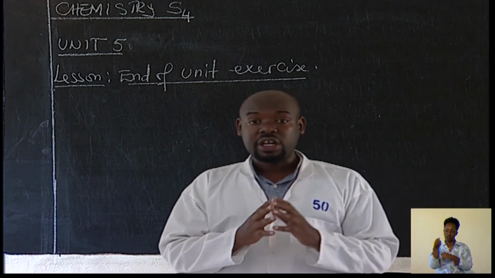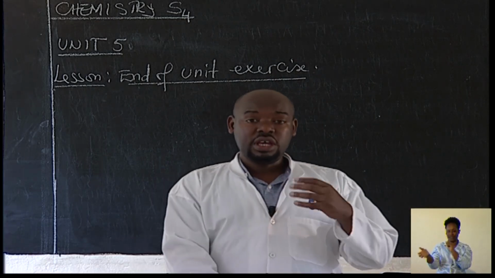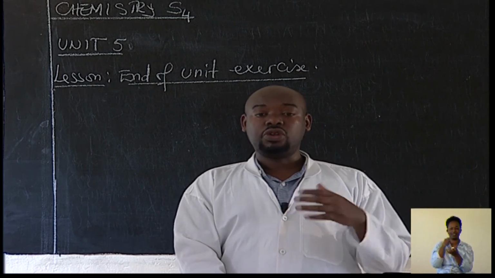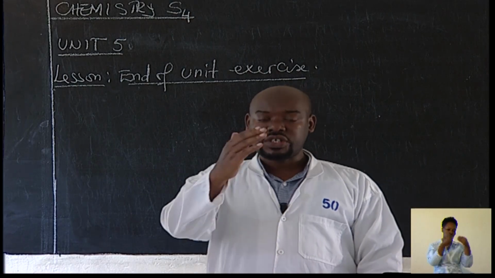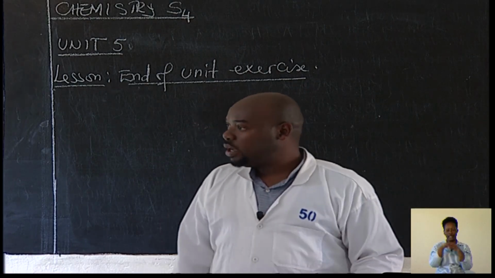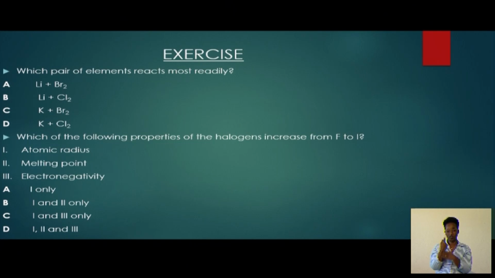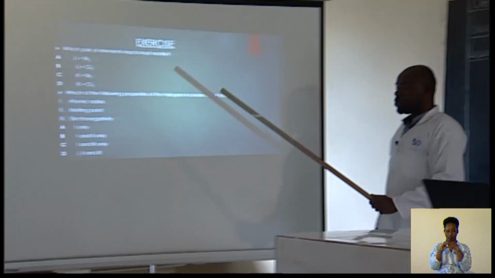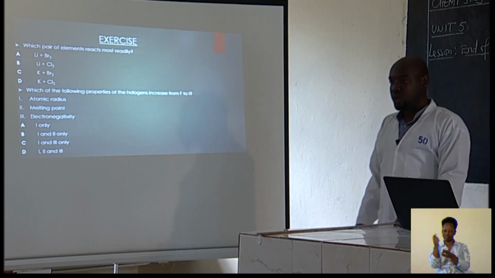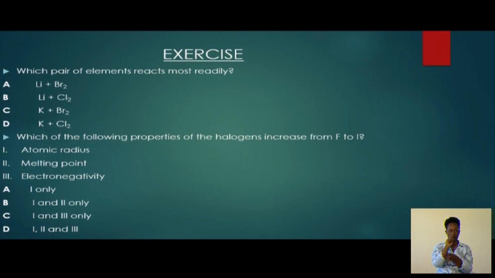So we have to analyze how the gaining ability or the losing ability varies in a given group. Why? Because here we have 2 metals which are in the same group and 2 non-metals which are in the same group. So how does reactivity vary in group number 1, the group of lithium and potassium?